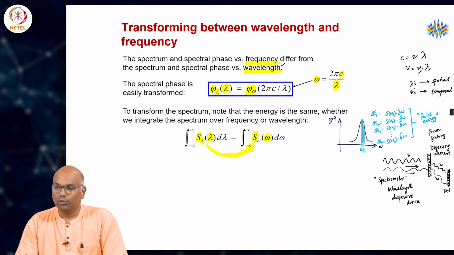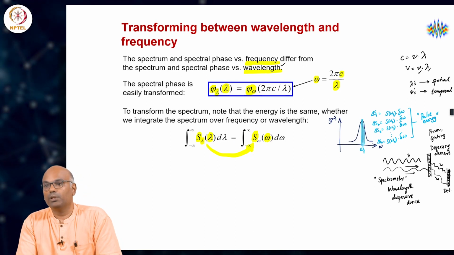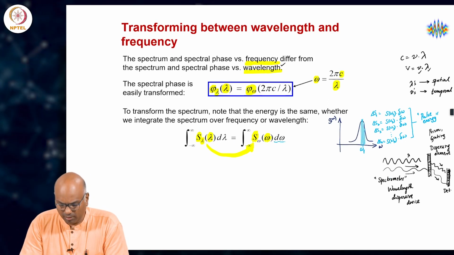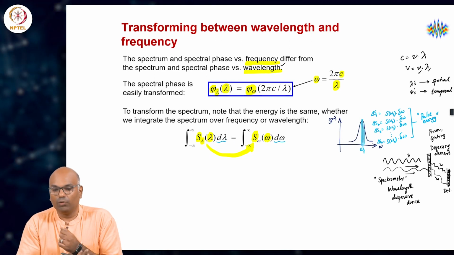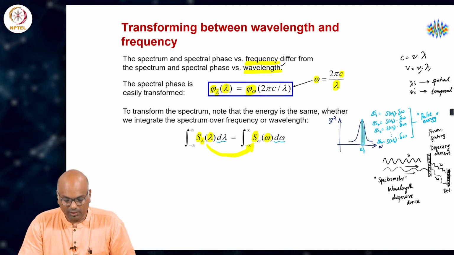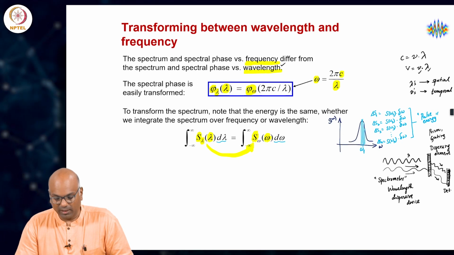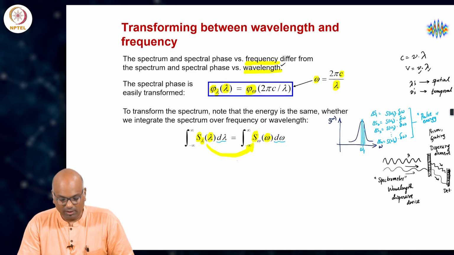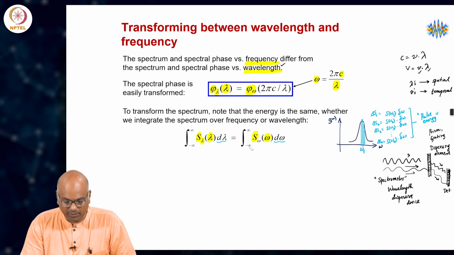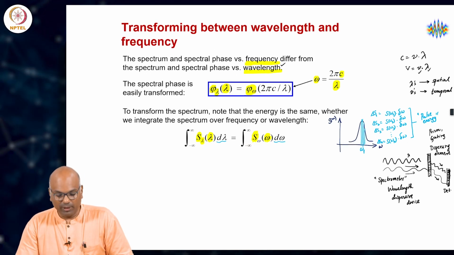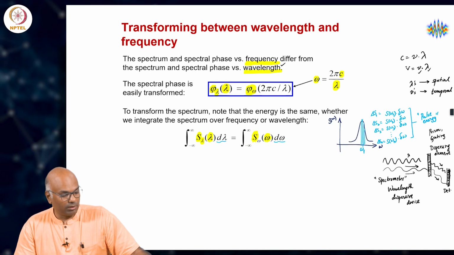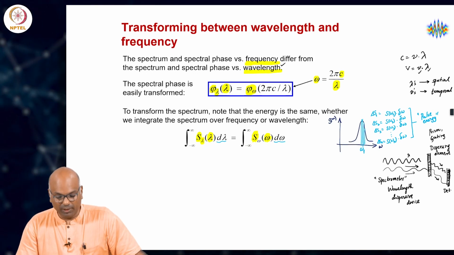Now, whether you do this in the frequency domain or the wavelength domain, it should give you the same result. We are going to make use of this salient feature: this is a common quantity before and after transforming from either wavelength or spectral domain.